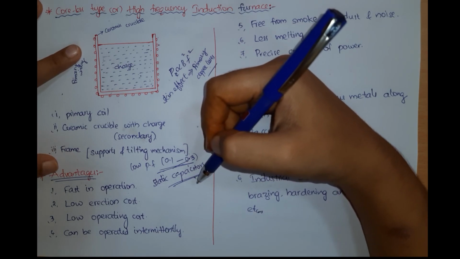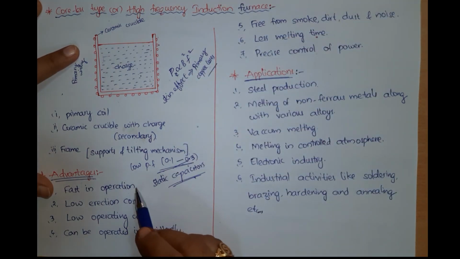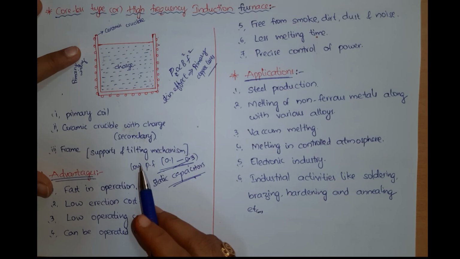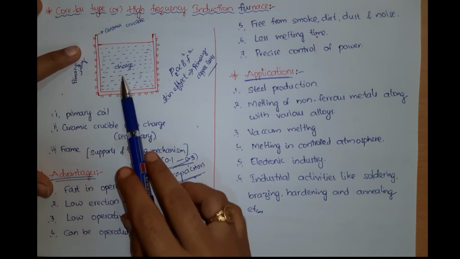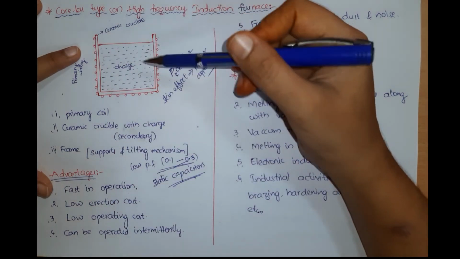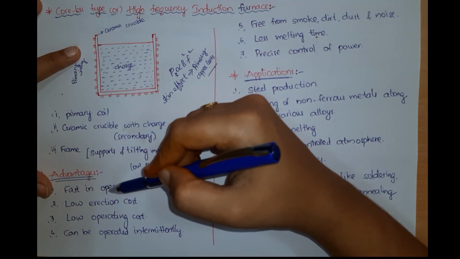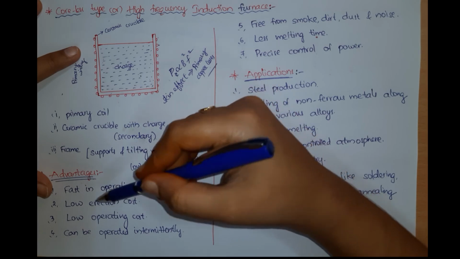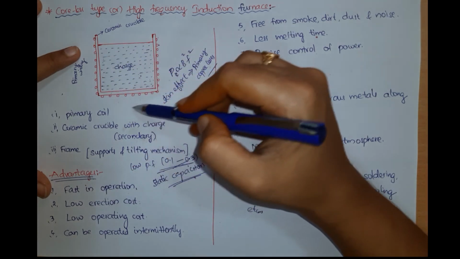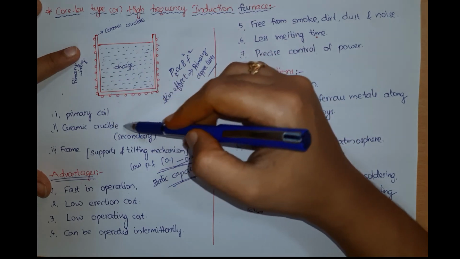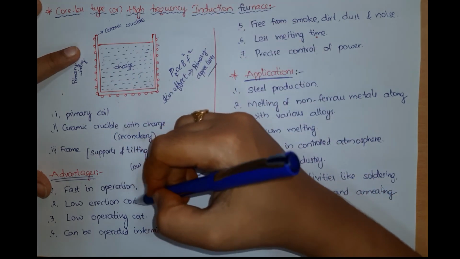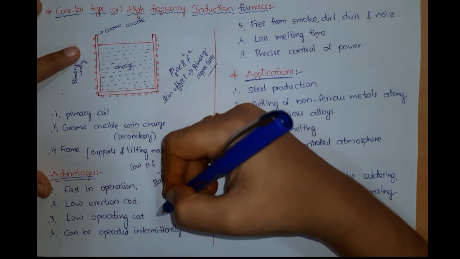Now coming to the advantages of the coreless type induction furnace. It has very fast operation, because the heat produced in the primary is directly transferred to the secondary, that is the charge, and due to uniform stirring action the charge is equally heated. Also, erection cost is low, as the construction is simple and does not contain any complex circuits, and operating cost is also low.